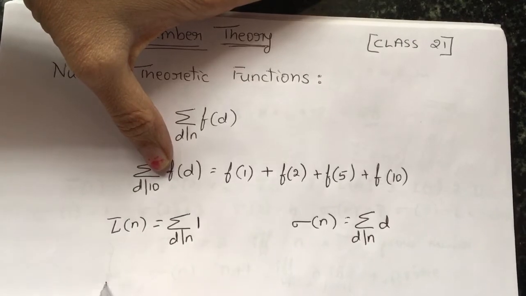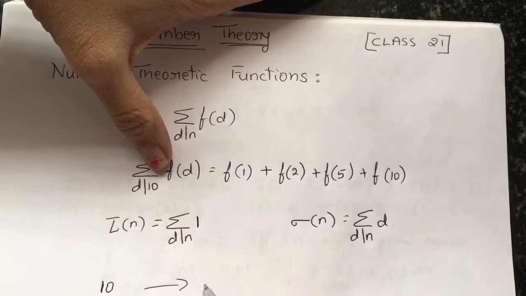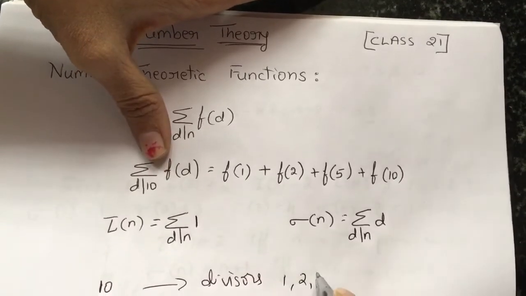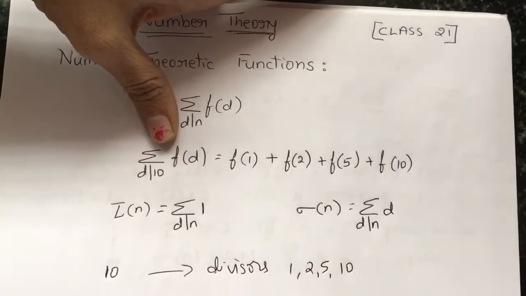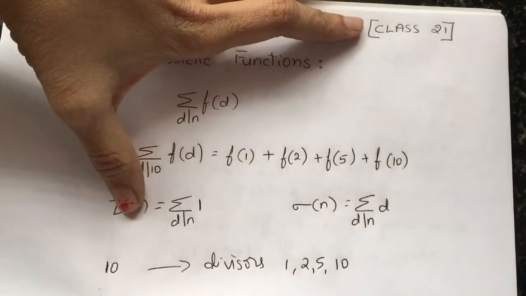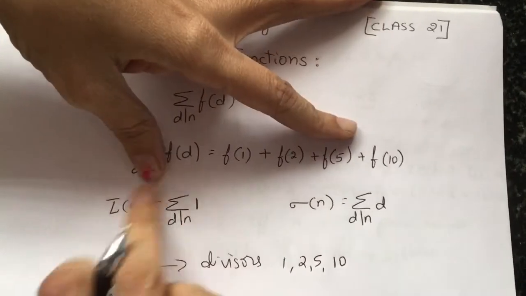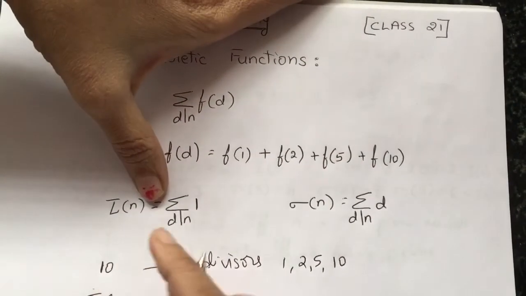Suppose the integer 10. Its divisors are 1, 2, 5 and 10, right? So tau of 10, in general, you can directly write 4, but I'll explain how to do it with this notation.